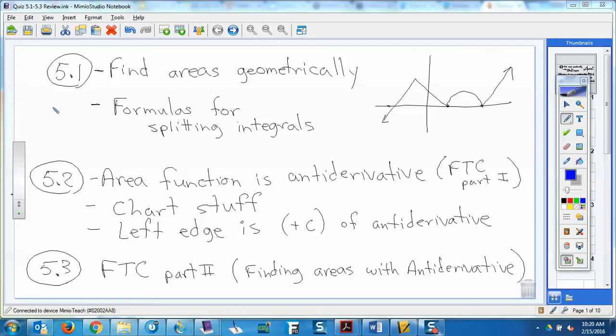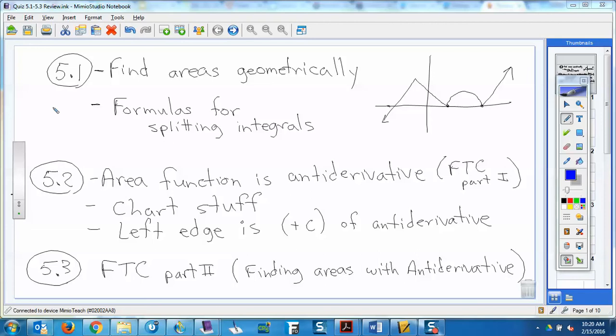Or the integral of 2x plus 7, we could split up into the integral of 2x plus the integral of 7 and do them individually. Although, now that we've learned fundamental theorem part 2, we wouldn't have to do that. We'll talk about that here in a little bit.